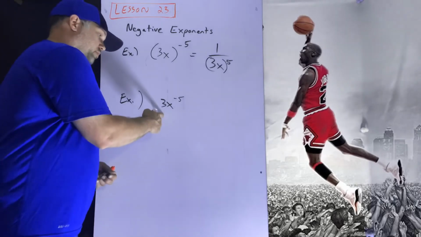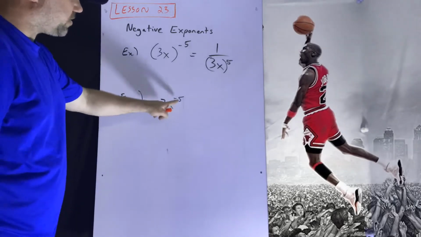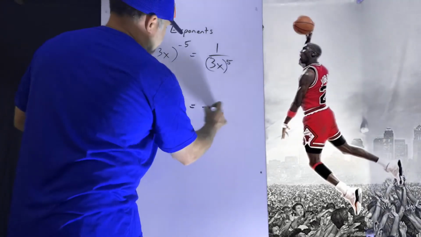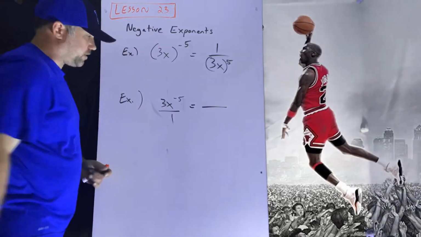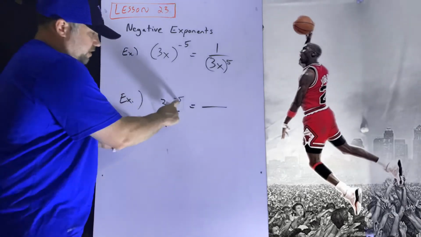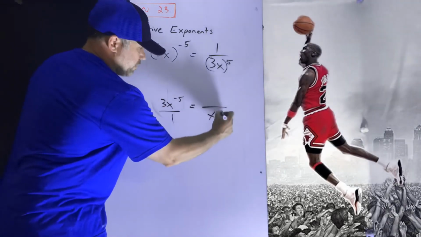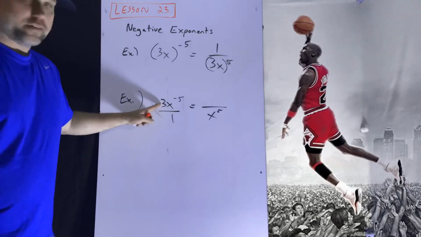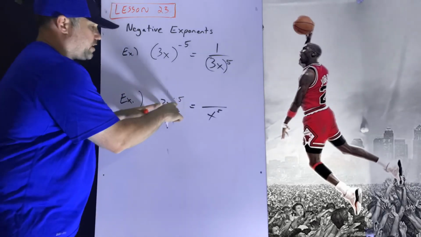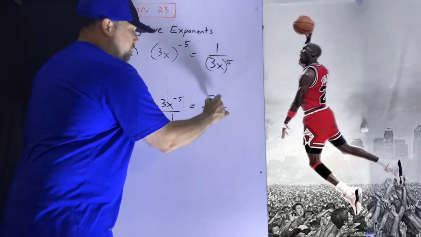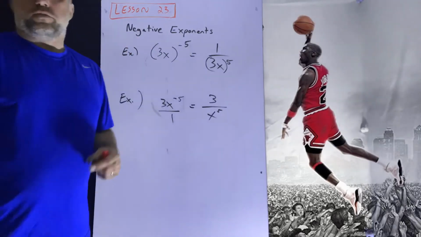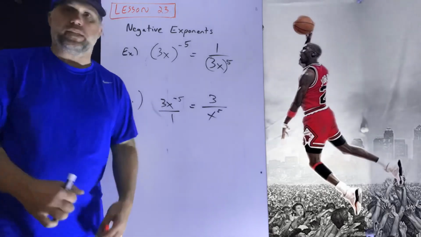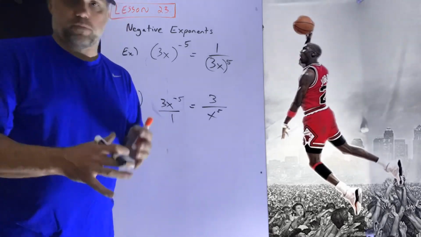This one, though, is a little trickier because only the x is being raised to the negative fifth power because there's no parentheses anymore. So if you think of this as a fraction right here, the x to the negative fifth is going to come down here and become x to the positive fifth. The 3, though, is not part of that negative exponent, so it's going to stay put in the numerator. So this is just going to be 3 over x to the fifth. That's a little tricky, but you have to remember that only the negative exponent moves.